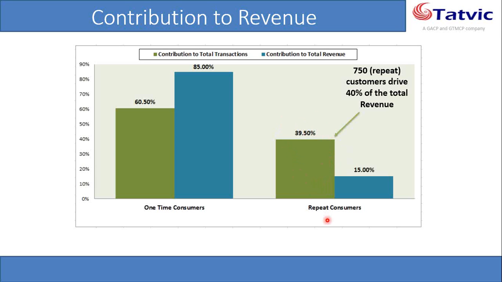And now coming back to your point, the key implication for e-commerce marketers would be to shift a portion of this group of one-time consumers to becoming repeat buyers. Now, there are a couple of ways to do this. One of the ways is to engage in customer loyalty programs.